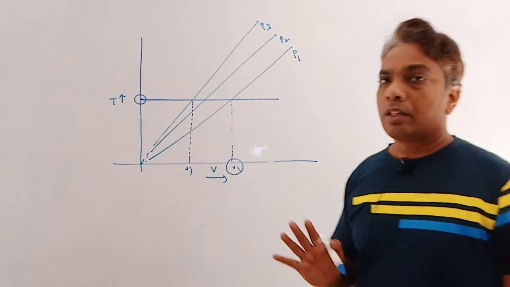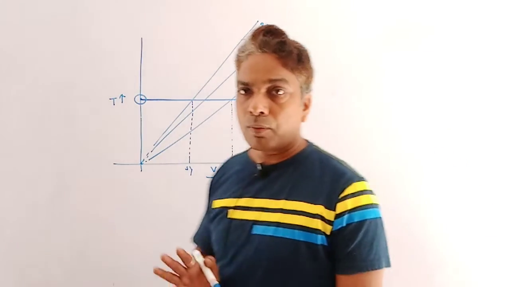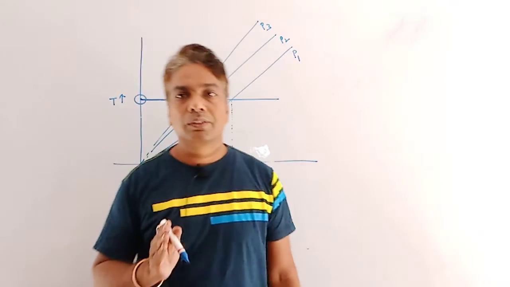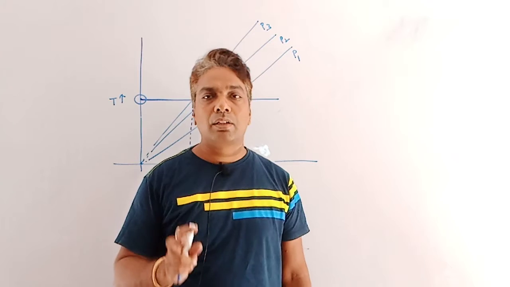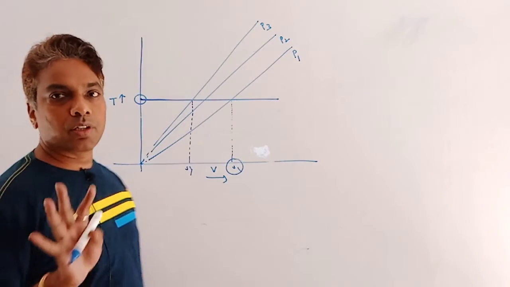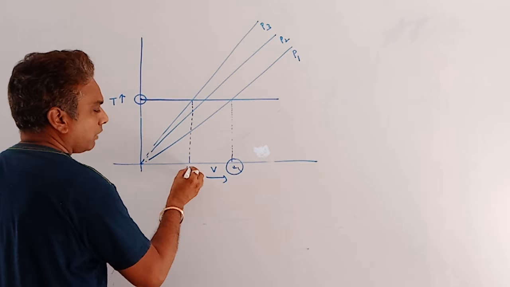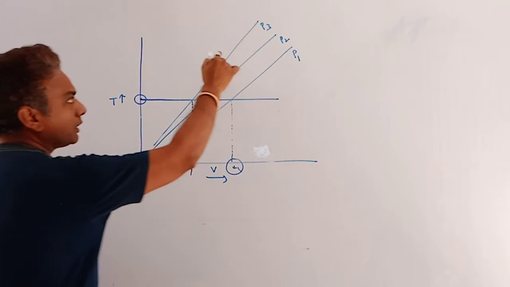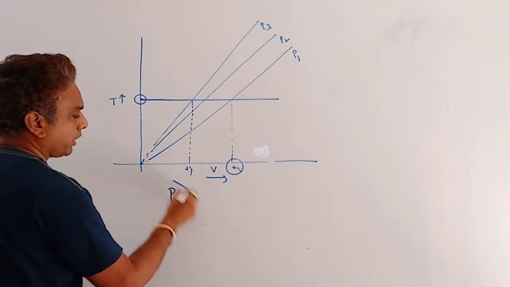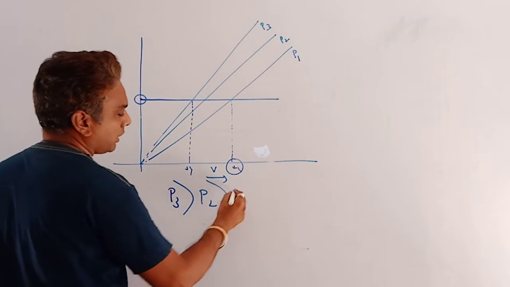Why? The product of pressure and volume is constant at constant temperature. Clear? So V1 greater than V3, so P1 is less than P3. So P3 is greater than P2 is greater than P1.